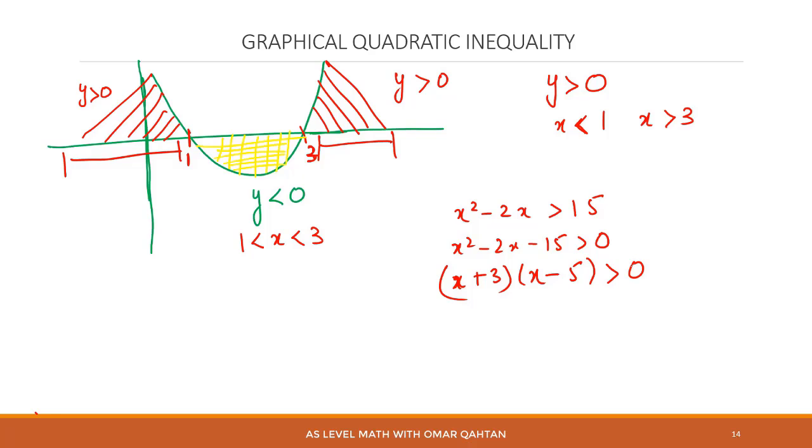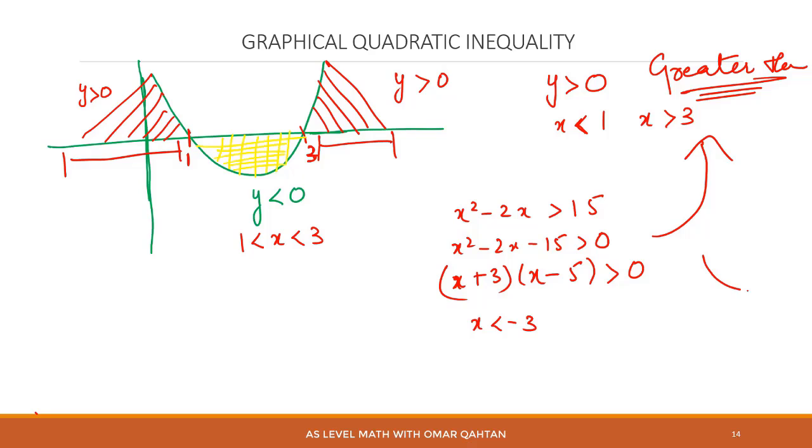Now we know that, and you need to write it for greater than. So definitely we are going to consider this case. For the greater than case, I am going to write it: it would be x plus 3, so x less than minus 3. And even if I try to plot it, it would be somewhat like this: minus 3 and plus 5.